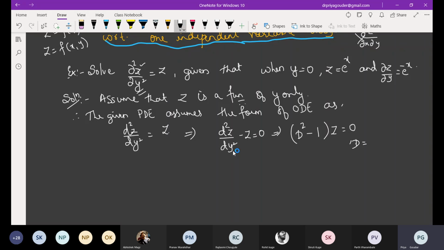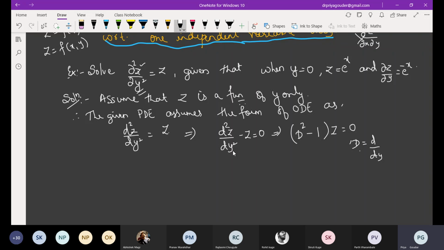Actually, D changes from problem to problem. What is D in this case? I'm not asking for D roots. D is d by dy. Which means you should write the answer as z as a function of y. This is important. If you write it clearly, then only you can write correct variables.